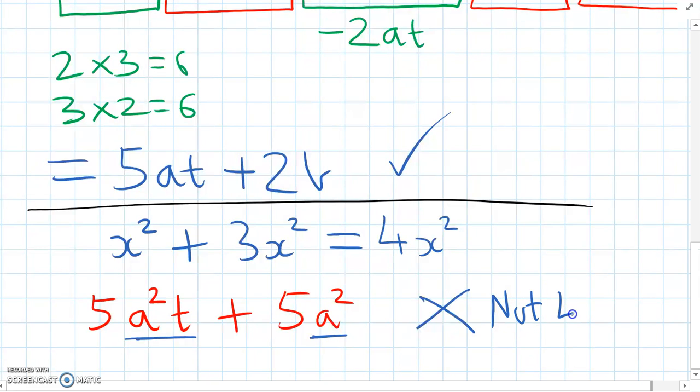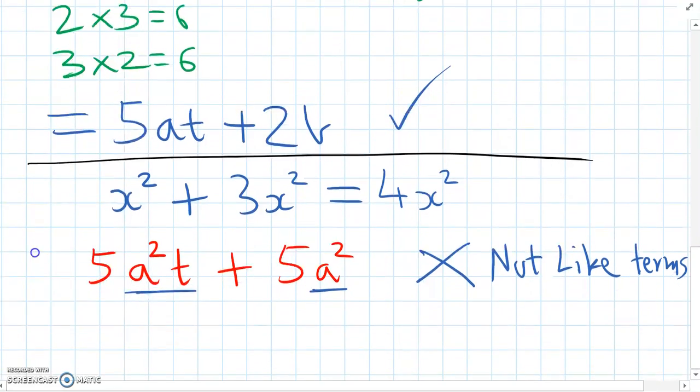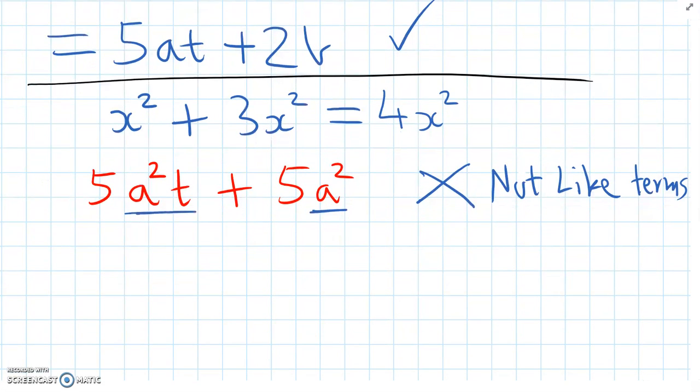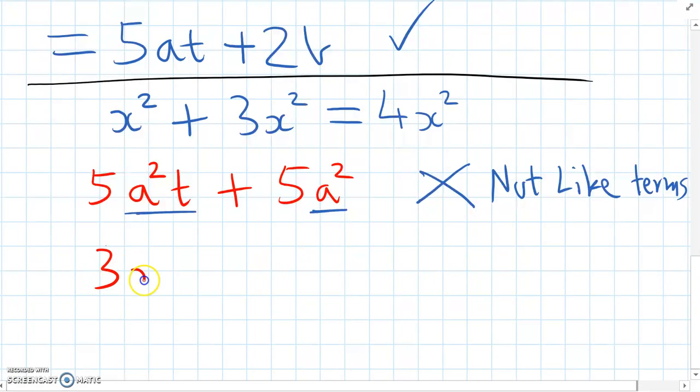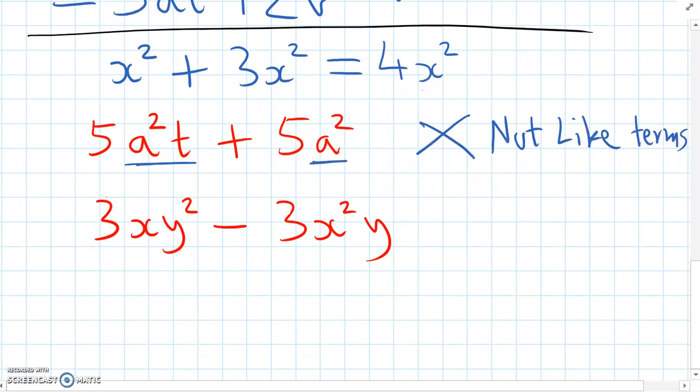So, not like terms. In another example, if we have 3 times x times y squared, and we're taking away 3 times x squared times y, these aren't like terms either.